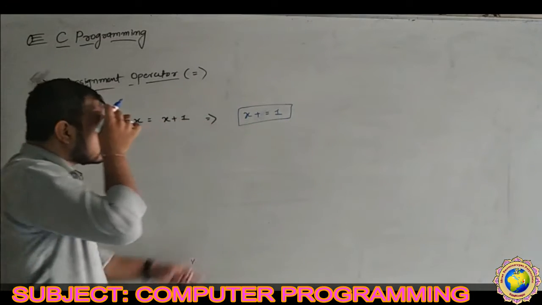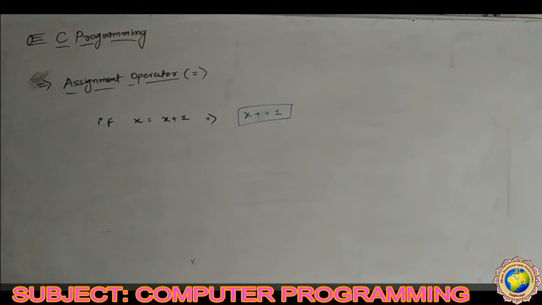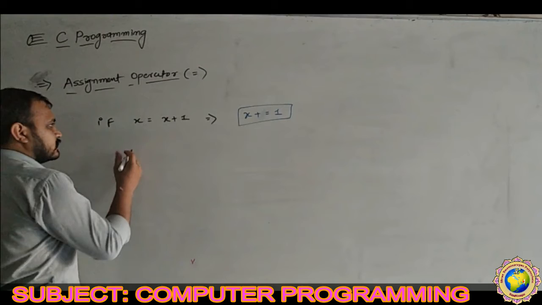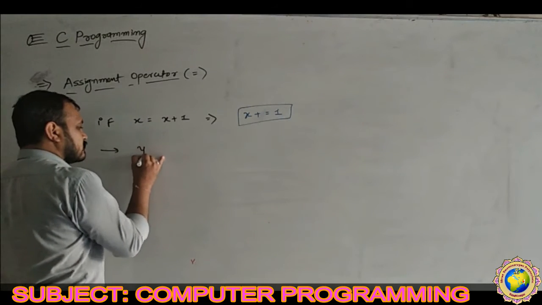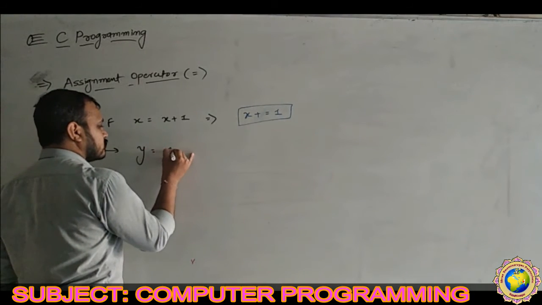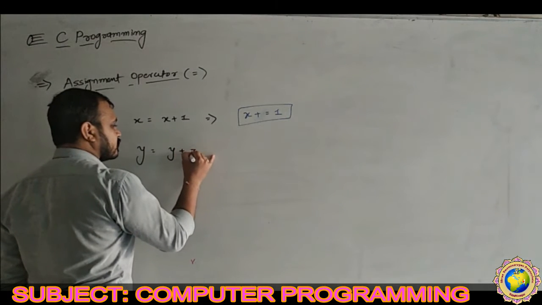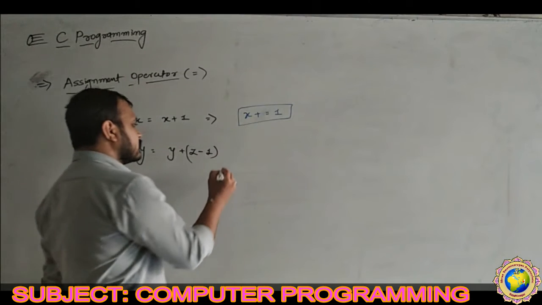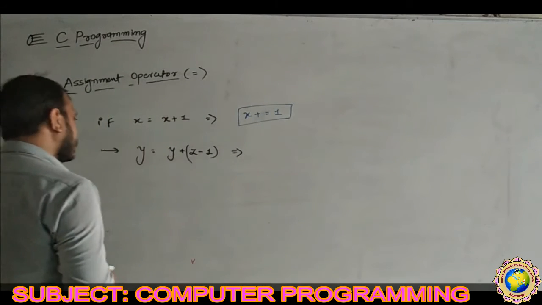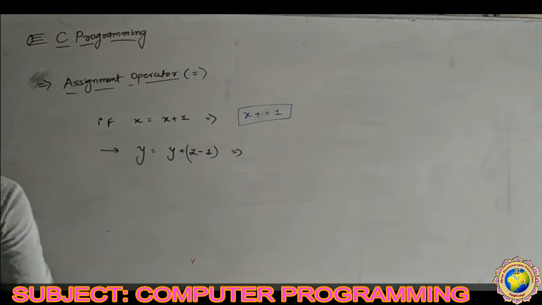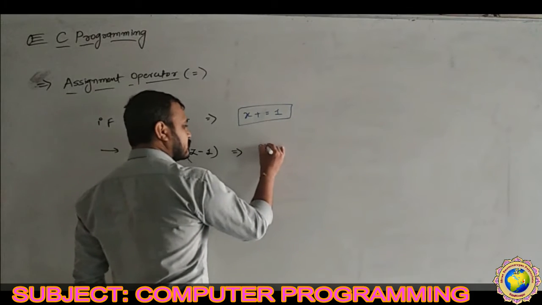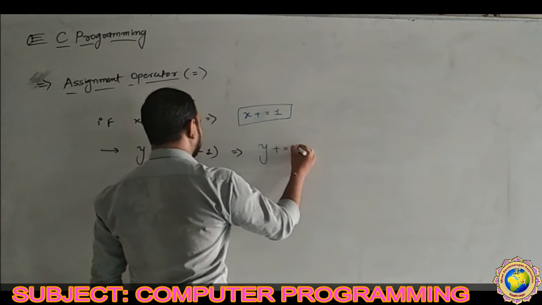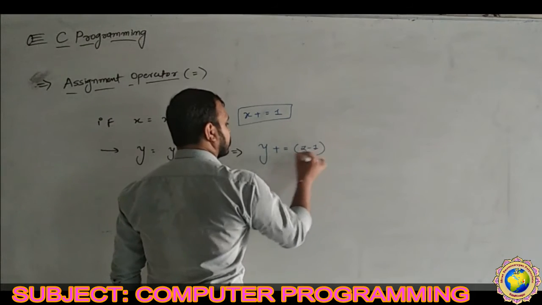So this is the shorthand method. Okay, then let's check another one, y is equal to y plus z minus 1. Here we can write in a shorthand method just like y plus is equal to z minus 1.